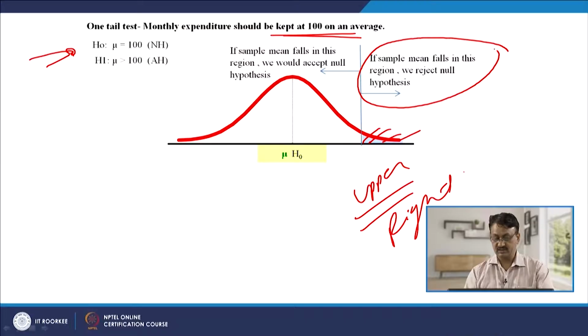So, being a manager, you should be worried about only those expenditures which are more than 100 rupees. So, this is the case of an upper tail test, right. So, this is your rejection region and this side is the acceptance region.